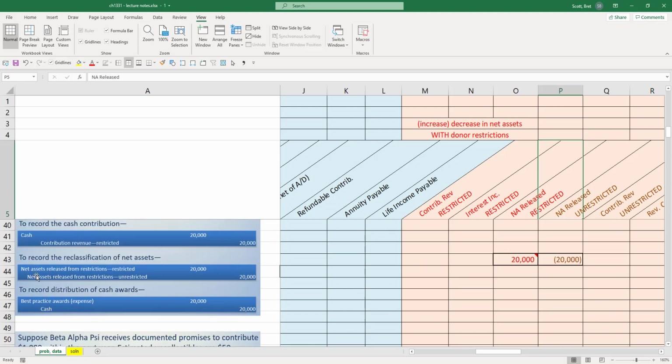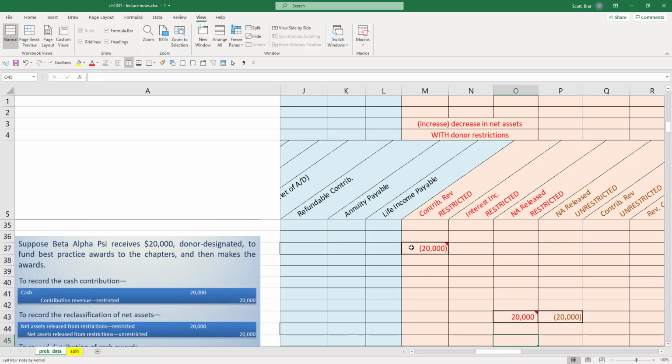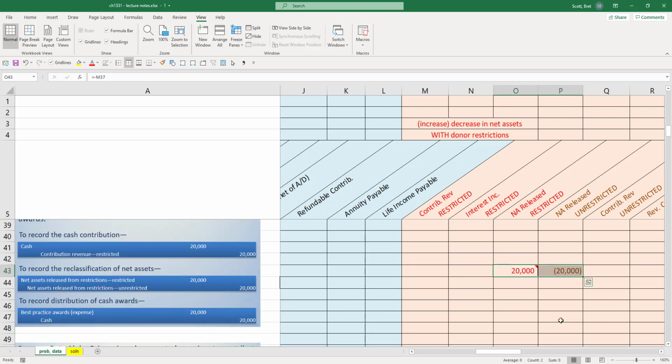Notice on the left-hand side, they're debiting the restricted, crediting the unrestricted. What does that do? It essentially moves it from this red category to this orange category. It's all reported on the quote-unquote income statement or the statement of activities. But realize that first, in order for something to go from restricted to unrestricted, it needs to have this journal entry.